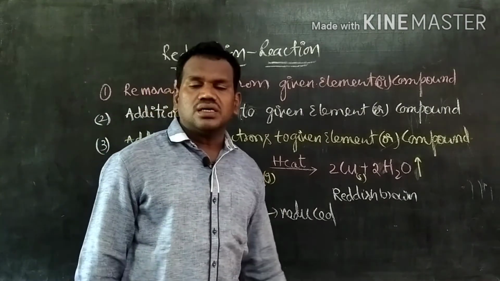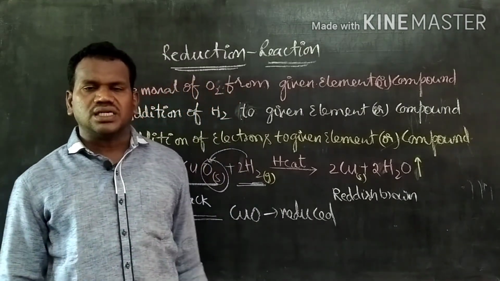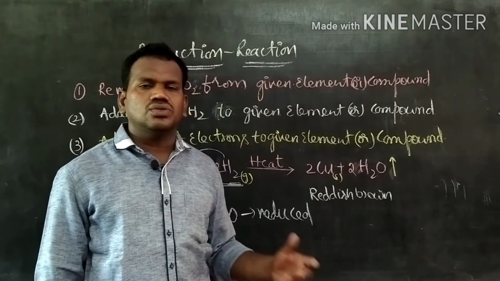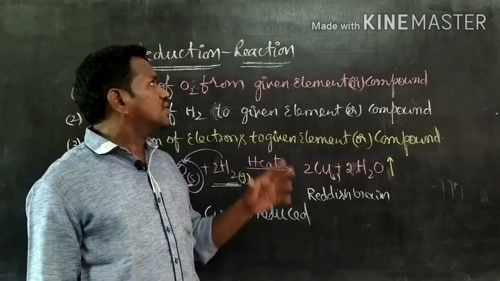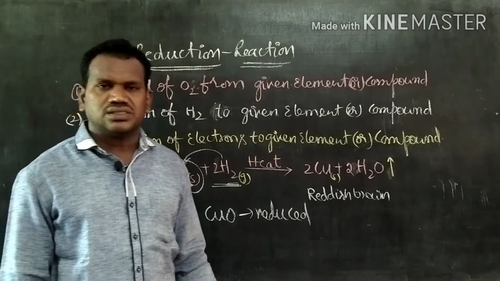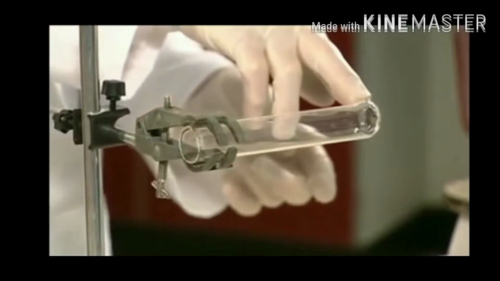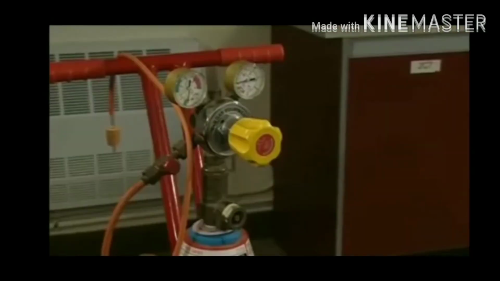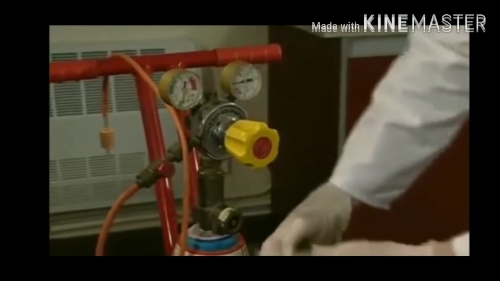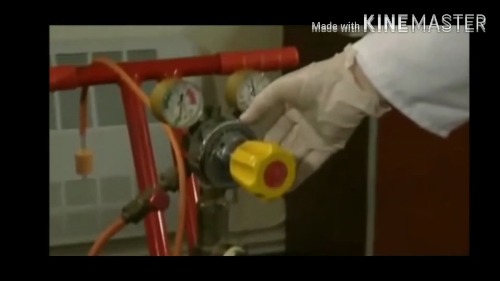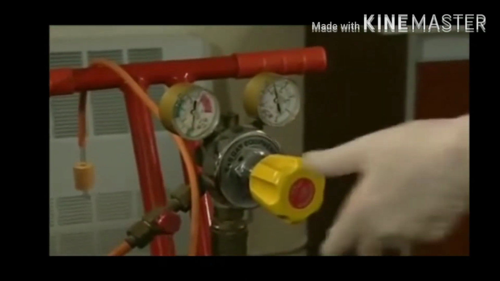To do the reduction reaction, let us do an activity to know the very important concept of the reduction reaction. Here you can observe a reduction tube which is open completely on one side and has a small hole on the other side. And we are observing a hydrogen cylinder.